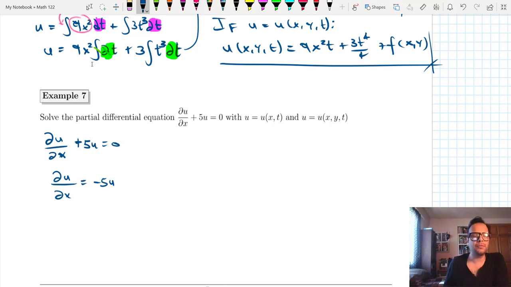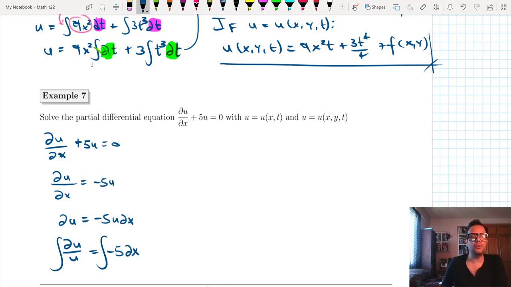I'm going to multiply both sides by dx to have du equals negative 5u dx. And then notice this u, I can divide it on both sides to have du over u equals negative 5 dx. So we're ready to integrate this guy right here.